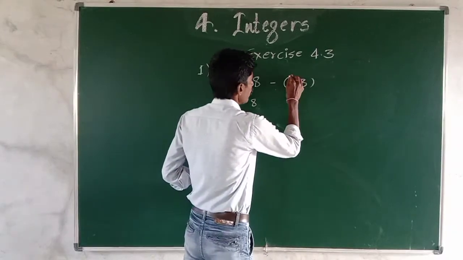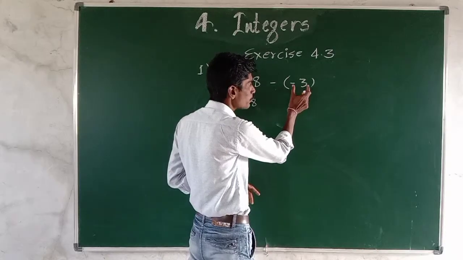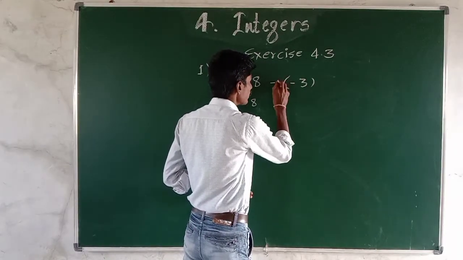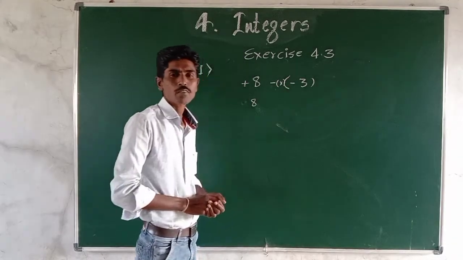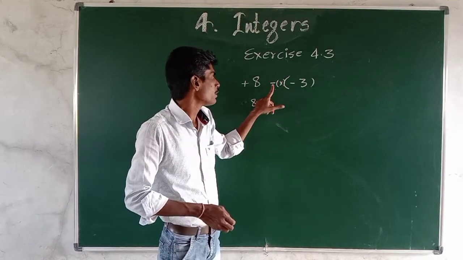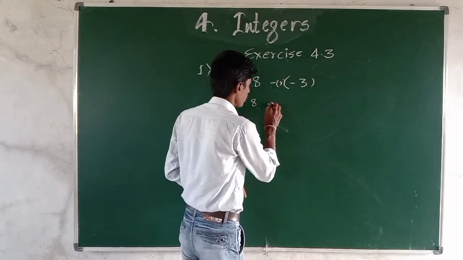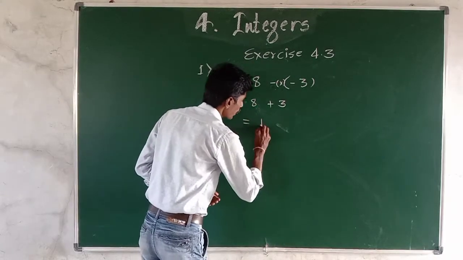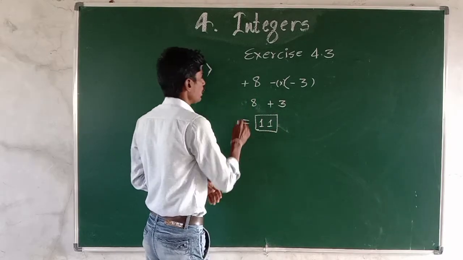Between the outer minus and the inner minus there is a hidden sign, that is multiplication. So minus into minus is also plus. So 8 plus 3, that is 11. So your answer will be 11.